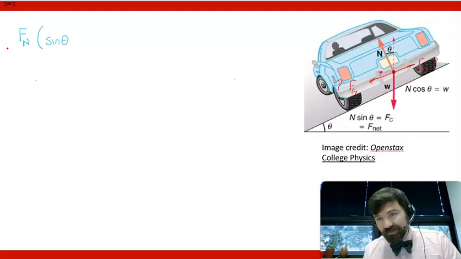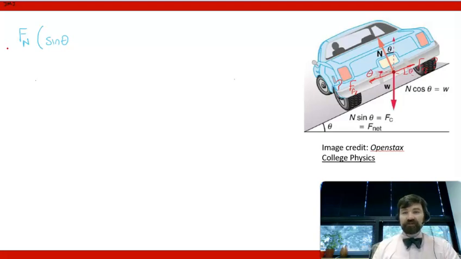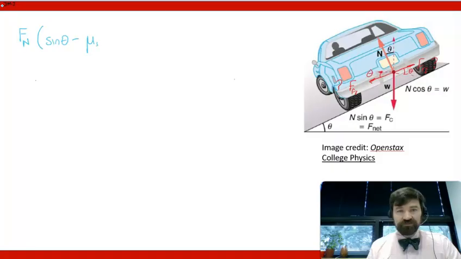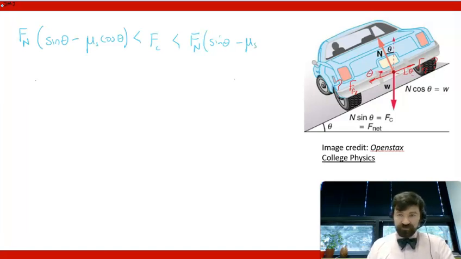But this angle right here is also angle theta, and so that goes with cosine. And so we have the normal force times sine theta minus the force of friction, so that would be mu s times normal force, times the cosine of theta, must be less than the centripetal force, and that in turn must be less than the normal force times the sine of theta plus the coefficient of friction times the normal force, which is your friction force, times cosine theta.